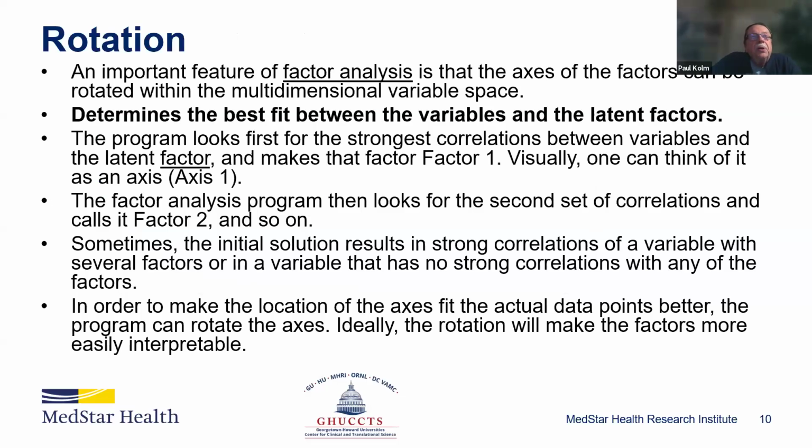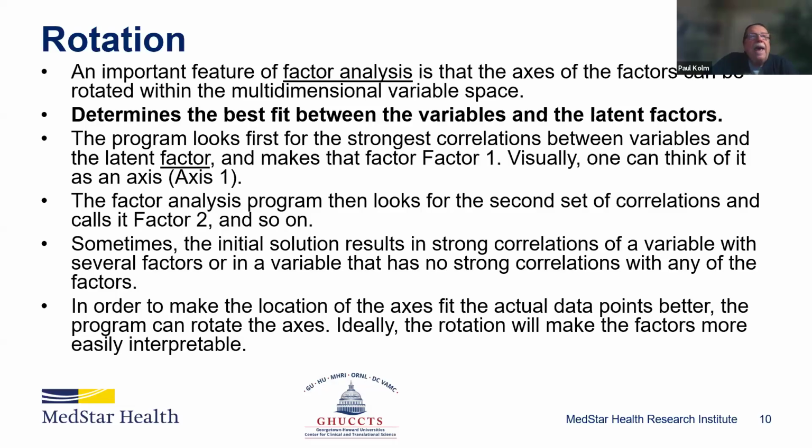So the next thing that we're going to do is a rotation method. It's the idea that the axes of the factors can be rotated within the multidimensional space. And what this does is determine the best fit between the variables and the latent factors. The program looks at the strongest correlations between variables and the latent factor, and it calls that factor 1.